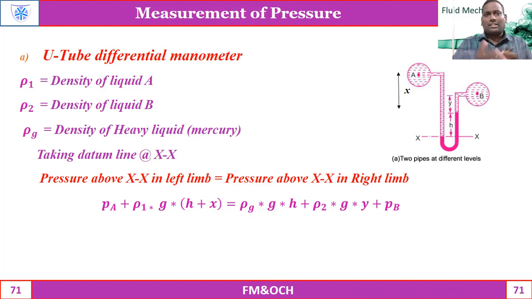Now let ρ1 be the density of liquid in pipe A. Suppose in pipe A the density is different, and in B the density of the liquid is ρ2. ρg is the density of the heavy liquid, mercury. As done earlier, taking the datum at X-X where the horizontal pressure at that point with respect to the right limb and left limb is the same.